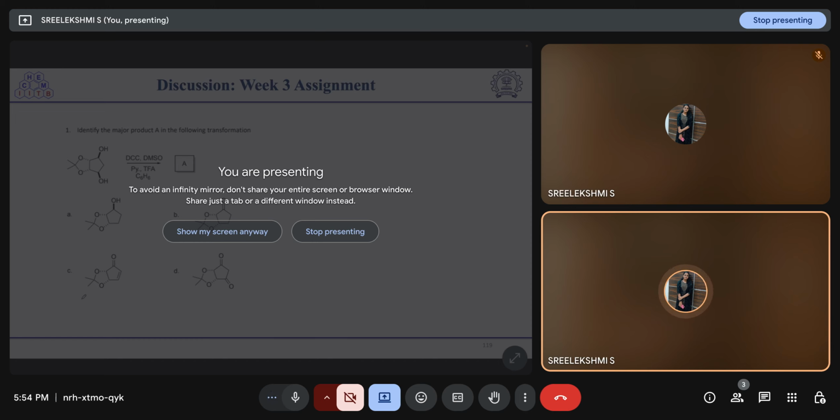So this diol upon treatment with DCC, DMSO, pyridine and trifluoroacetic acid in benzene, which is the major product formed here.